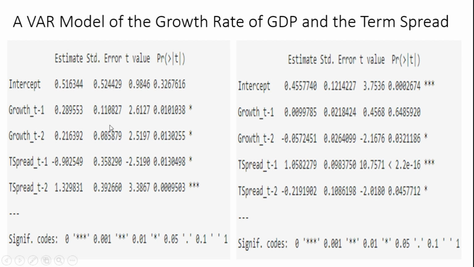So we have in the first column, the second column, the estimated coefficient. We have in the last column the p-value, which measures the significance of every coefficient.